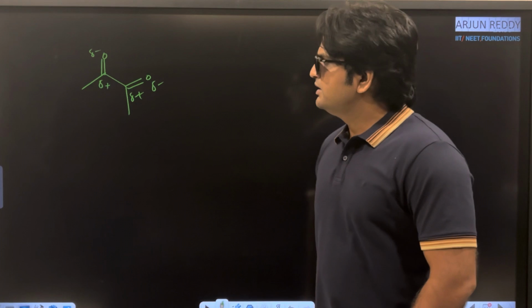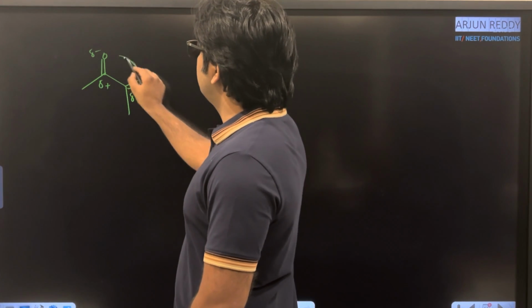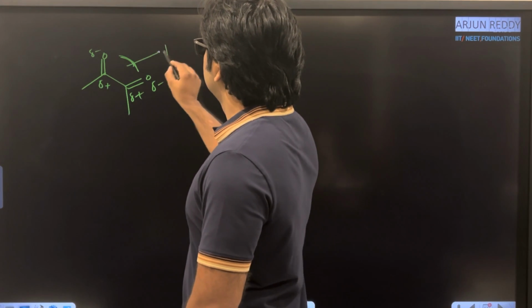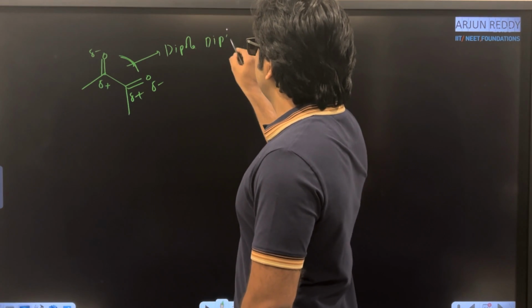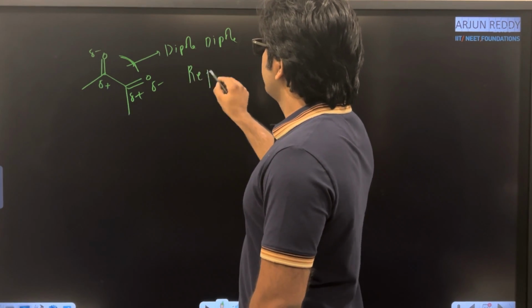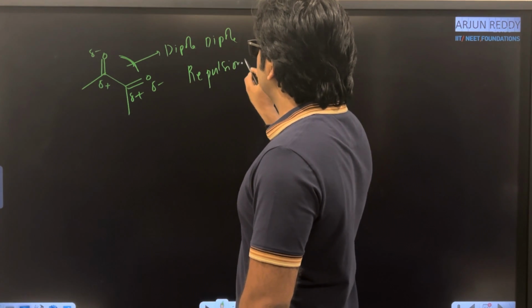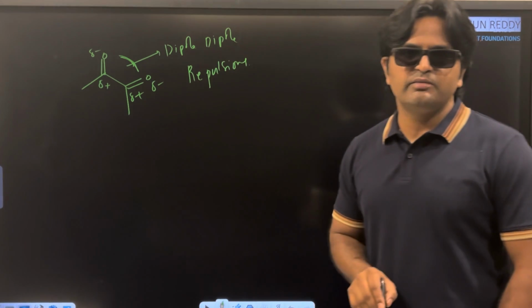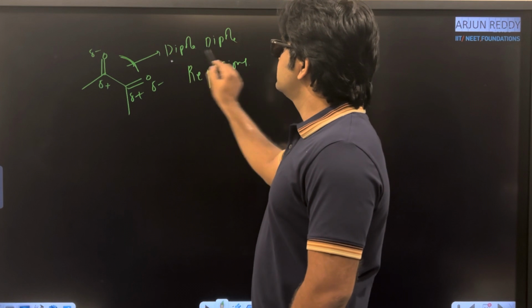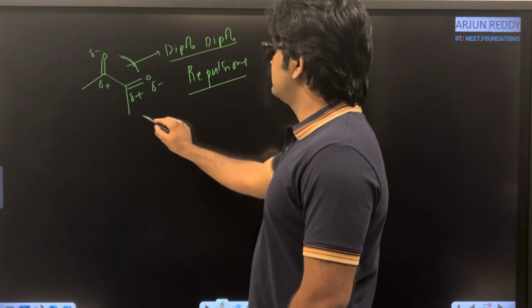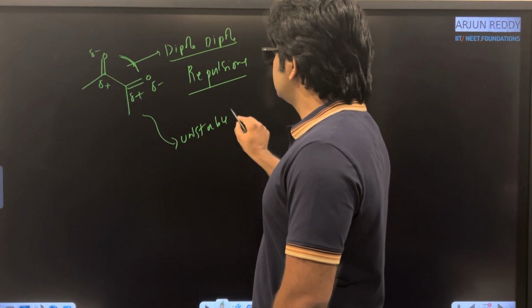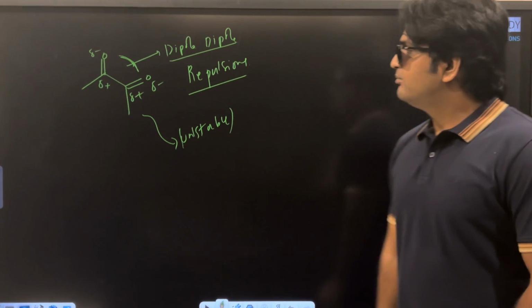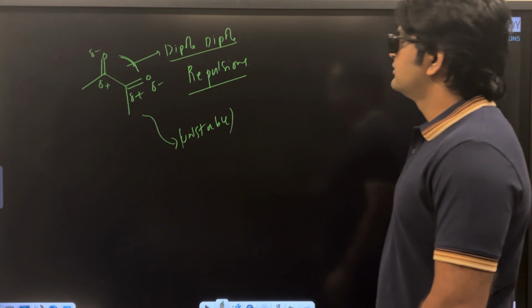Yes, this molecule is suffering from dipole-dipole repulsions. Are dipole repulsions a stabilizing factor or a destabilizing factor? Due to the presence of dipole repulsions, your molecule is unstable. Okay, but how are we stabilizing that compound?